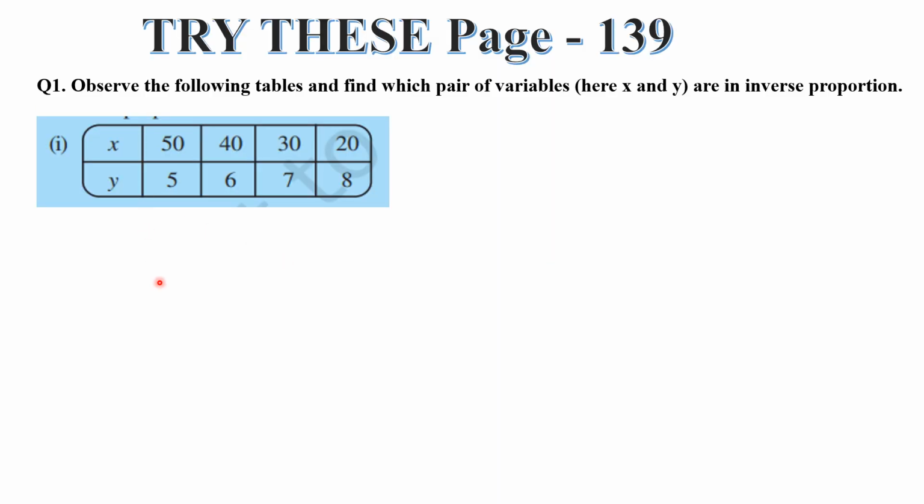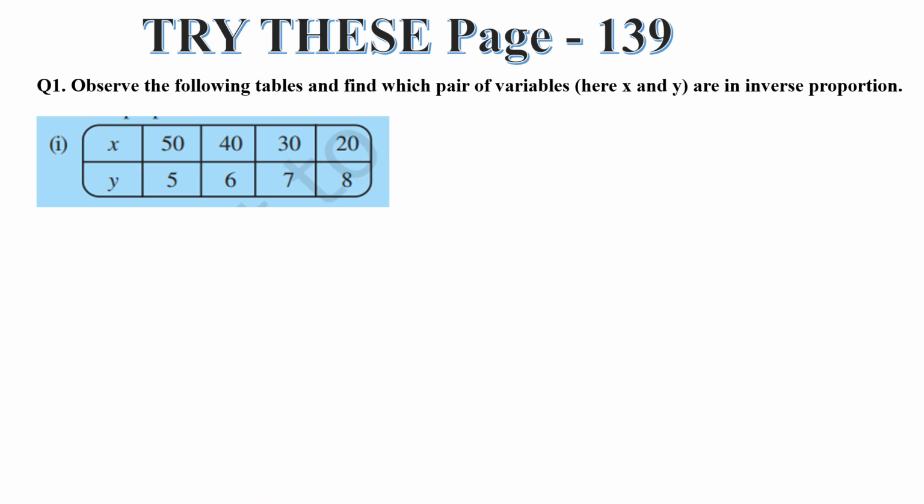So this is your question number 1 of try these given in page 139 of your textbook. So observe the following table and find which pair of variables are in inverse proportion. So just now I have explained, if they are in inverse proportion means the product of x and y should remain constant, isn't it?